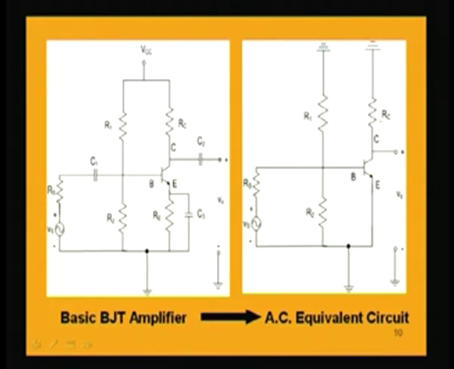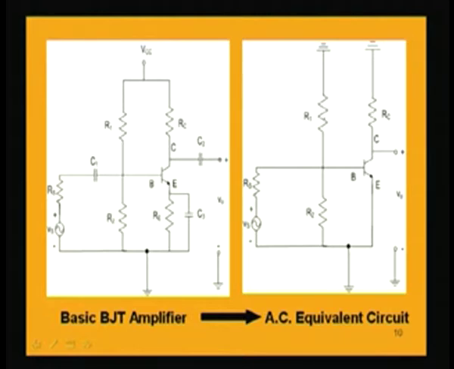Now, we can go a step further and draw it more conveniently, because one point we note here is that the base has R1 resistance to ground as well as R2 resistance to ground. So, R1 and R2 are parallel from base to ground.